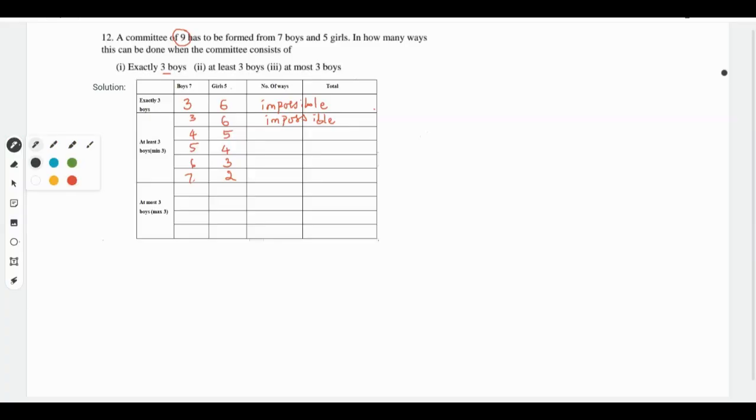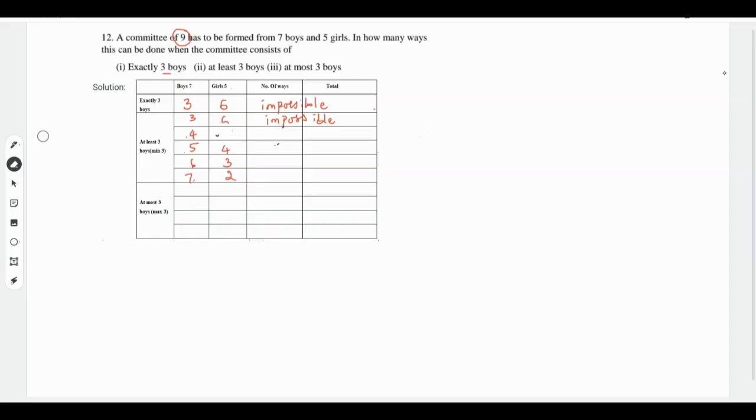That is, we have 7C4 into 5C5. Sorry, it's not 3 here, the total is 7, not 3.